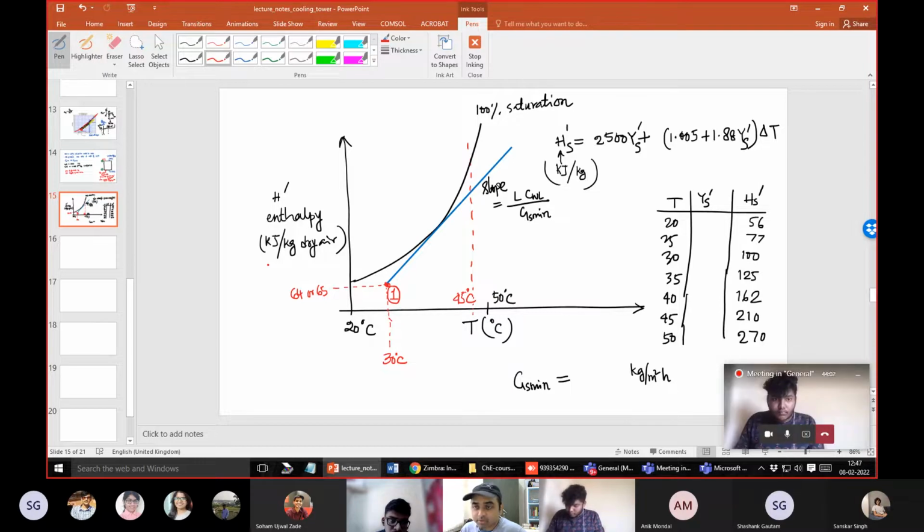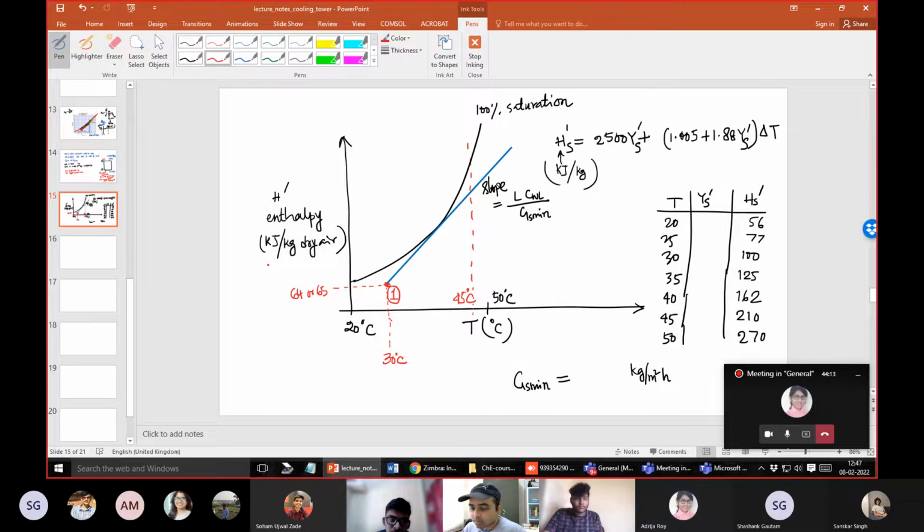Adrija, what is the slope you got? So is it 11.2? No, it should be around 10.5, 10.6 like that. Okay, anyway, that is close at least. So the slope is around 10.5, 10.6 like that.